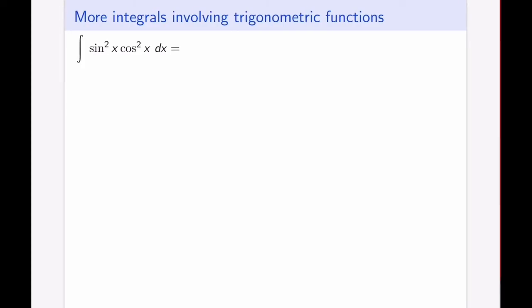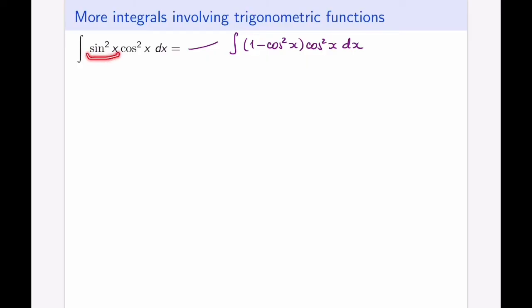What about rewriting one of these in terms of the other function using the basic trigonometric identity? So what I can do, as let's say my first method, is to simply rewrite sine squared as 1 minus cosine squared x, and then I'm going to have cosine squared x remaining, right? So I just replaced this sine squared with 1 minus cosine squared.